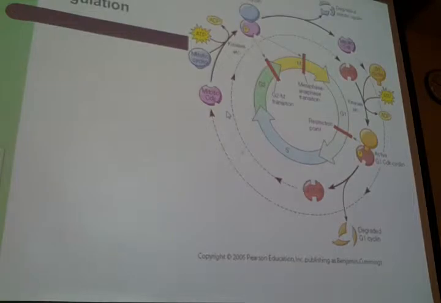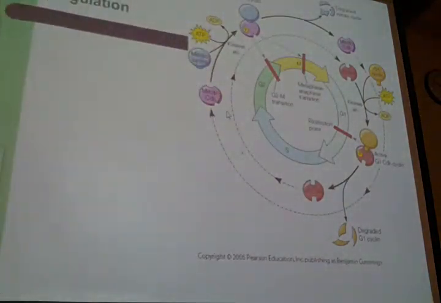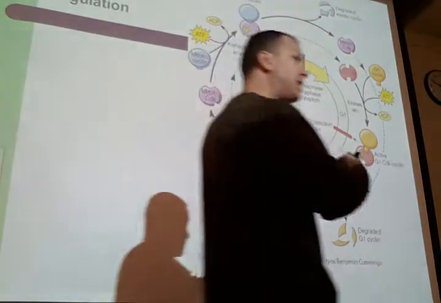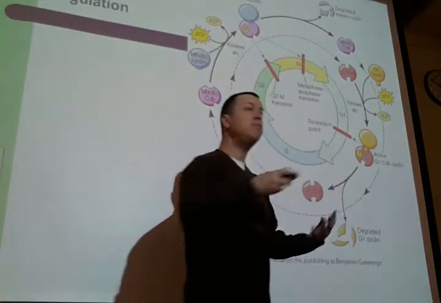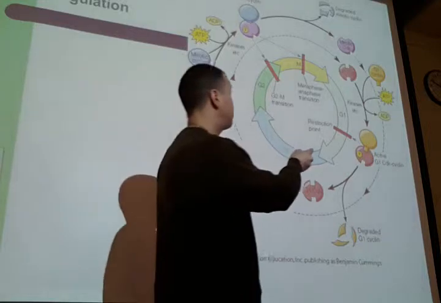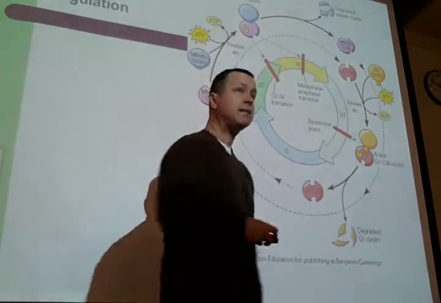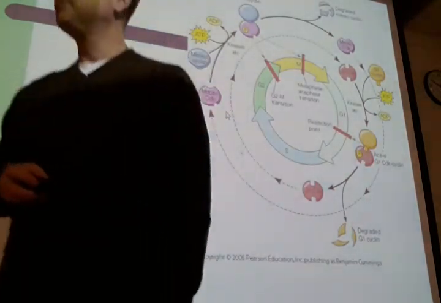Two proteins getting together based on concentration. We have a value for that, don't we? What is that value called? Km. Km, right? Anytime two things get together, based on concentration, there's a Km value. So there's some Km value for that cyclin hooking up with that CDK.